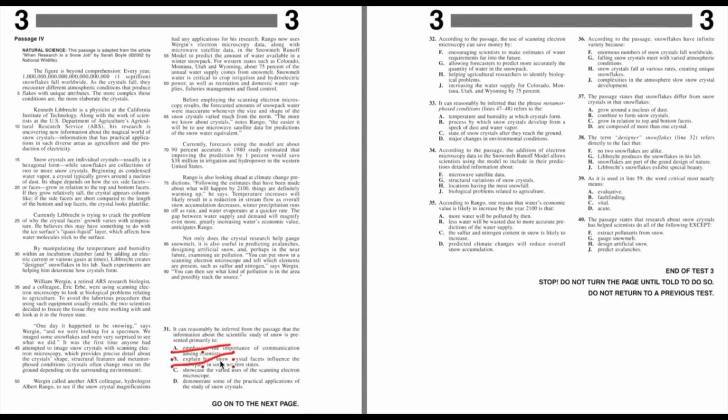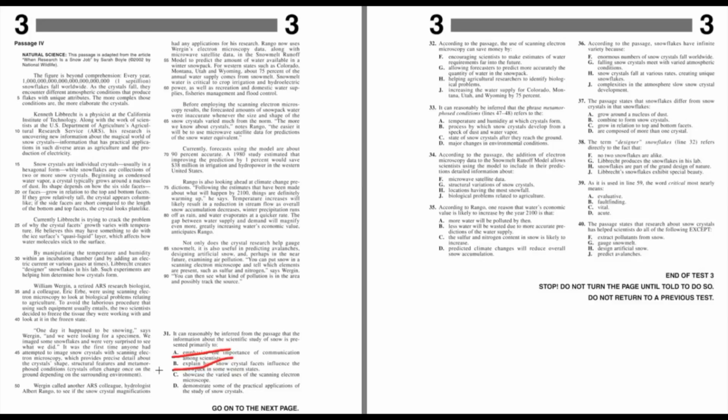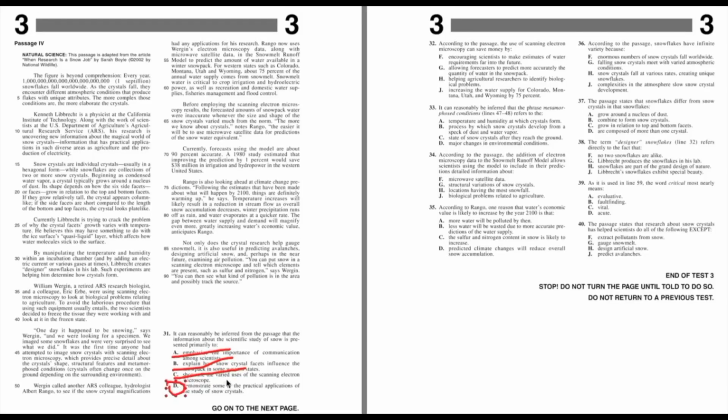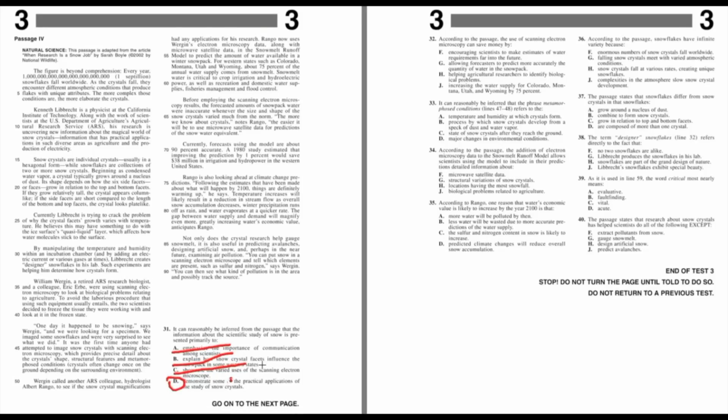The focus of the passage wasn't on western states per se. C, showcase the varied uses of the scanning electron microscope. The scanning electron microscope is mentioned within the passage, but once again, not the main focus. So not C, which leaves D, demonstrate some practical applications of the study of snow crystals, which is exactly what our summary is as well.